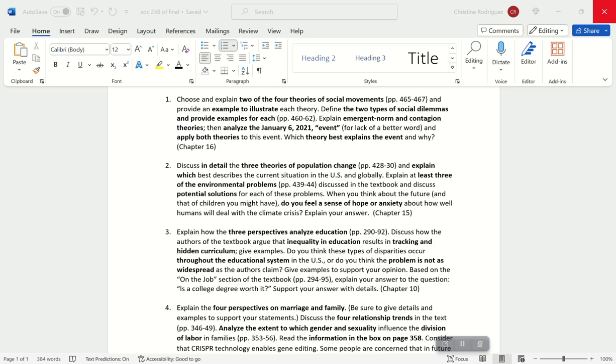When you think about the future and that of children you might have, do you feel a sense of hope or anxiety about how well humans will deal with the climate crisis? And again, provide some background, some support for your answer here. I'm interested in knowing how you look at the future. I have far less of the future than you do, but I'm interested in knowing how you feel about it.